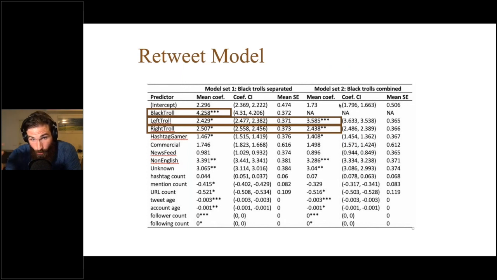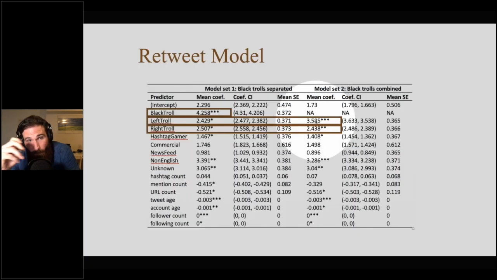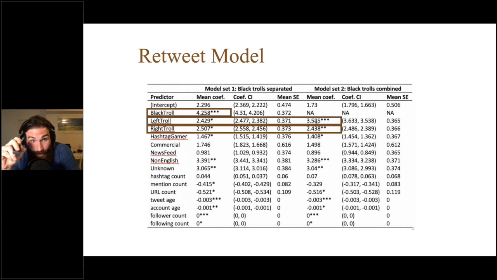And what that shows is that these researchers argued that left-wing accounts were getting the most engagement, but when we separate the Black troll category, we find that it's the Black trolls that are driving that conclusion. So it's an interesting dynamic that the Black trolls weren't that numerous in number, but they were so strongly correlated with getting retweets that in other research, that explains why their main finding is that the left-wing trolls got the most engagement.